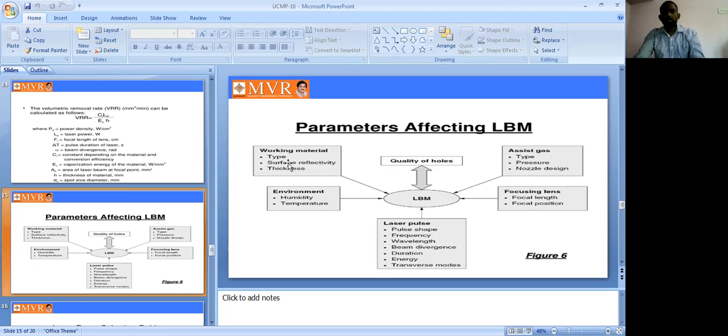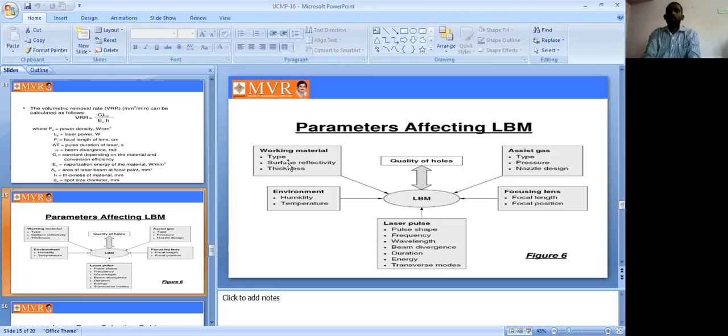First of all, the working material. Working material is very important. In this LBM process the workpiece is a special material. All types of material cannot be machined in this process; only some workpieces can be machined in LBM.